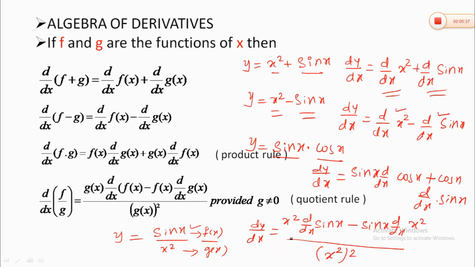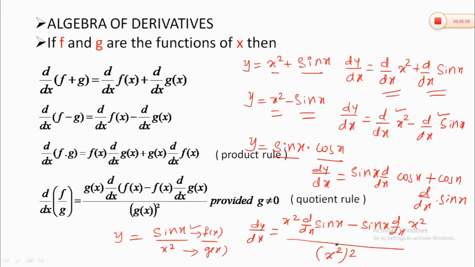That is, g(x) dy dx of f(x) minus f(x) dy dx of g(x) divided by g(x) bracket square.